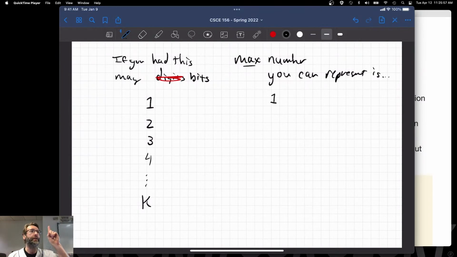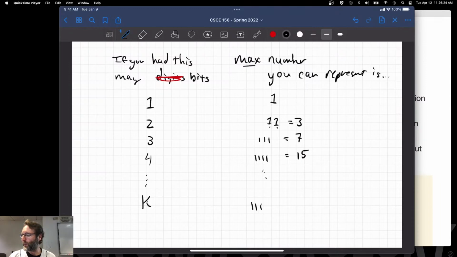Well, just 1 bit. 0 or 1. Just 1. Now, if I gave you 2 bits, I would make them all 1, and that is equal to 2 plus 1, so this is 3. If I gave you 3 bits and make them all 1 to maximize it, that's going to be what? 7. 4 bits is going to be 15.